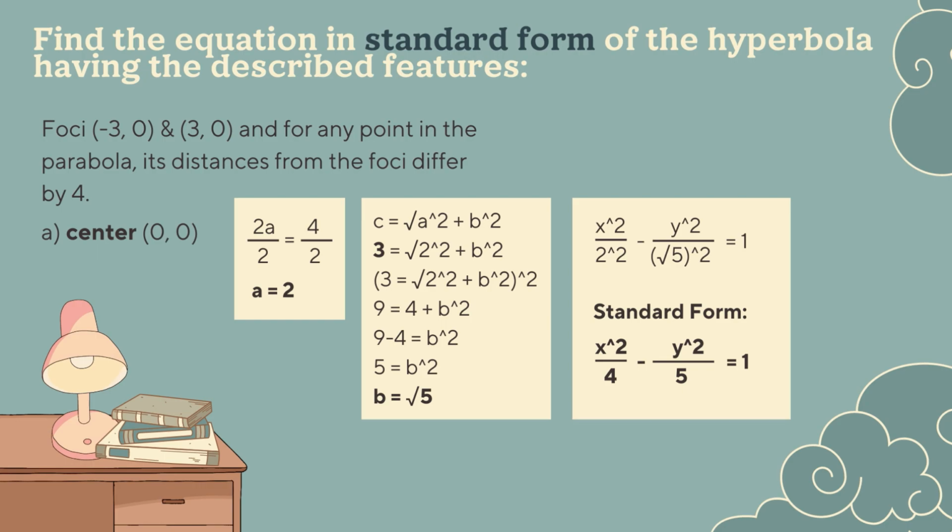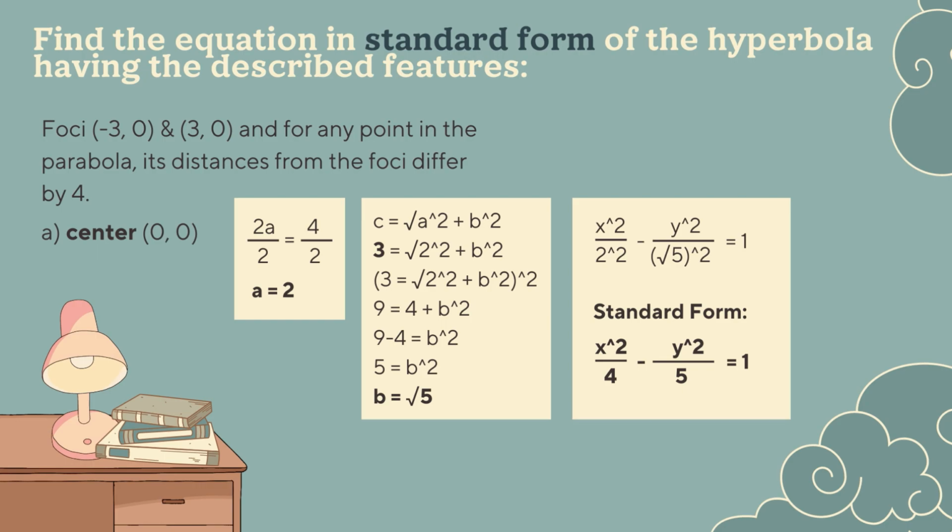Next thing that we're going to do is to find the value of b squared. So in order to find b squared, let's find first our b. In order to find our b, we need to use the formula for c. So c is equal to the square root of a squared plus b squared. Let's substitute the values.